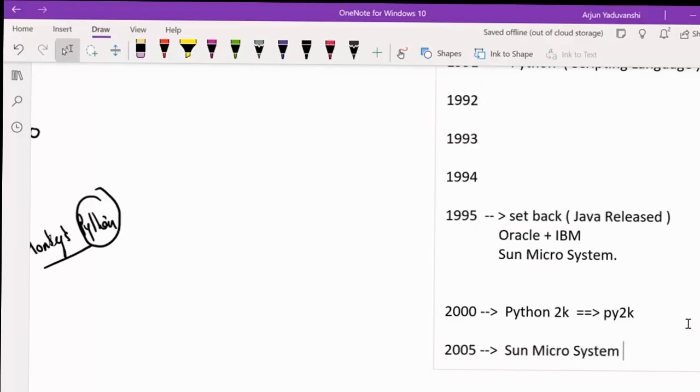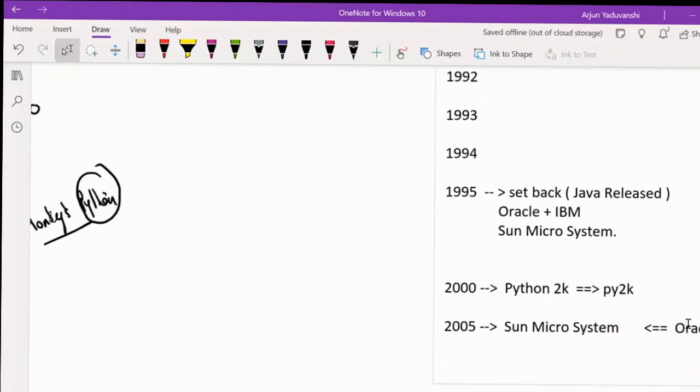This is the time the Oracle people approached Sun Microsystems, and they wanted to buy Java. Studies say that at that time 75% of the applications around the world were running on Java.